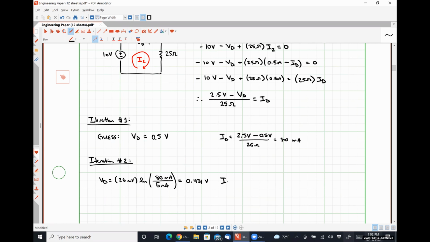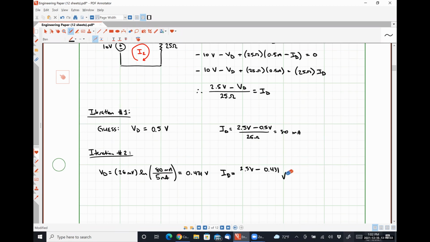So we'll now calculate ID using this value, 2.5 volts minus 0.431 volts divided by 25 ohms gives us a current of 82.748 milliamps. So only a change of around 2 milliamps here. So we're probably pretty close.